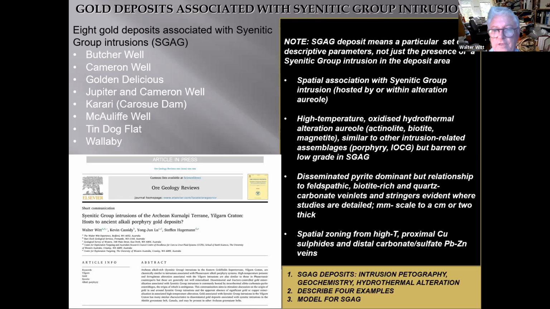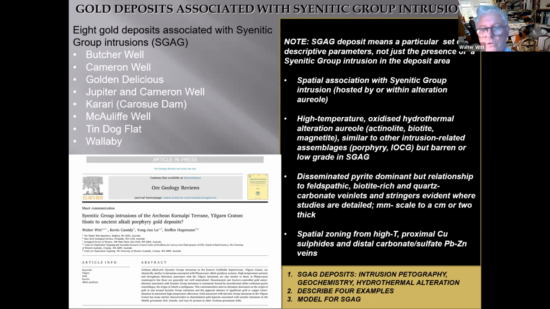And there's a spatial zoning from high temperature proximal copper sulfides to distal carbonate sulfate lead zinc veins. Not that either of these achieve economic importance, but they are nevertheless interesting from an academic point of view. So the talk is based really on these 8 deposits listed in the top left.